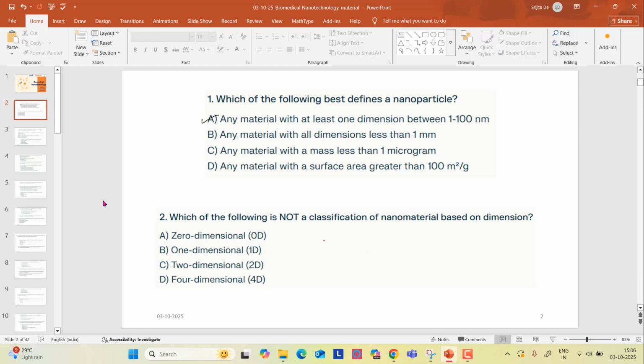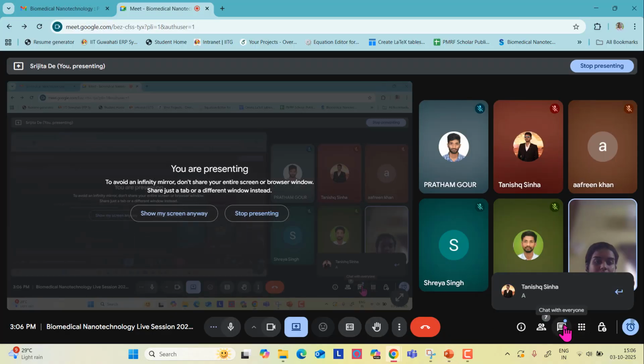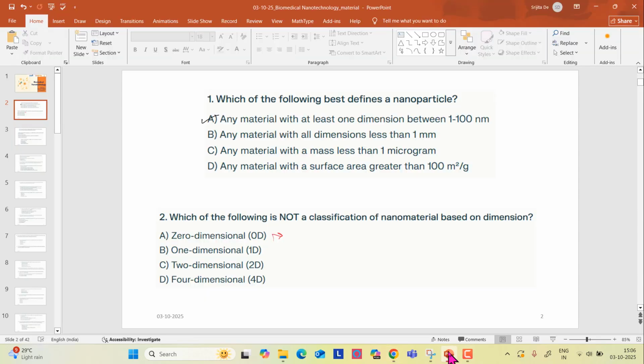So you know about the 0D particles, which have all the dimensions in the nano size. So 0D is a classification of nanomaterial. That means height, width, and length, all are in the range of nanometer. That is called 0D nanomaterials. Example like quantum dots.